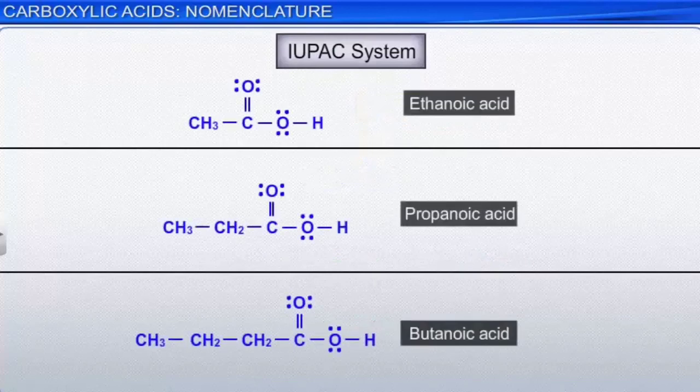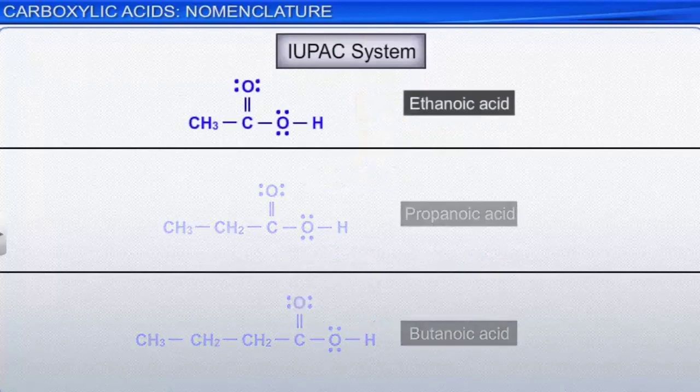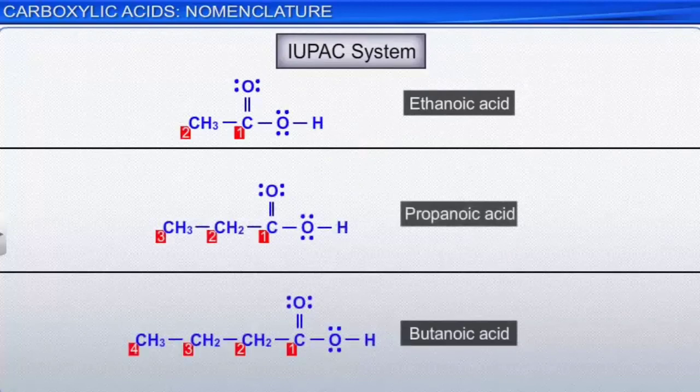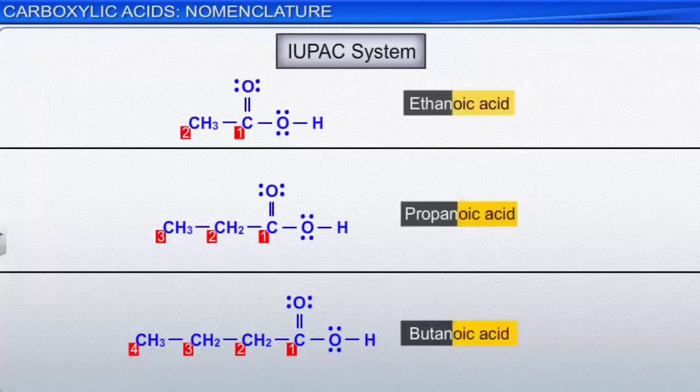Similarly, carboxylic acids containing 2, 3, and 4 carbon atoms are named ethanoic acid, propanoic acid, and butanoic acid respectively.